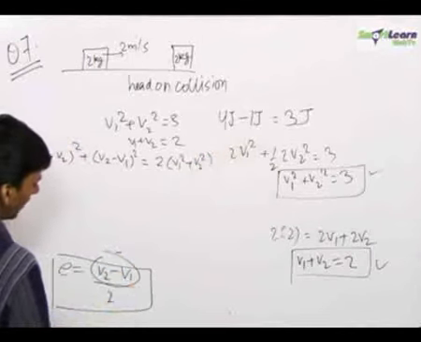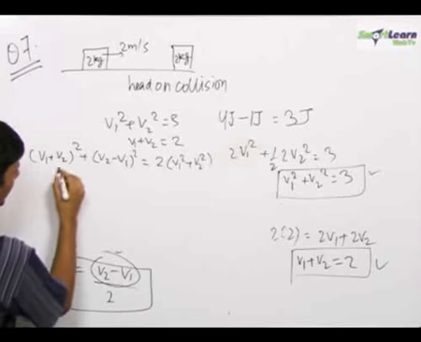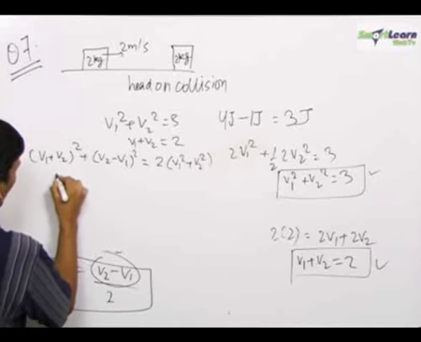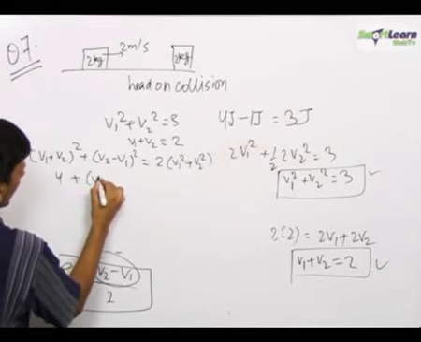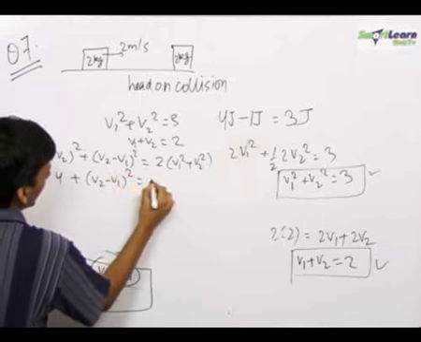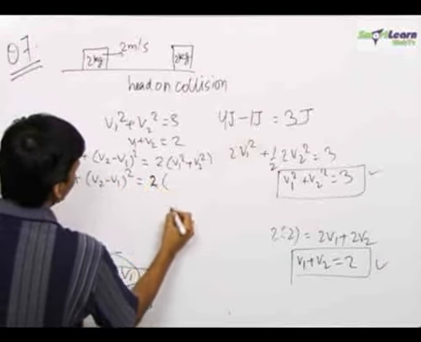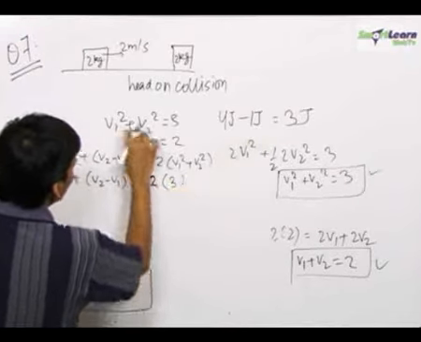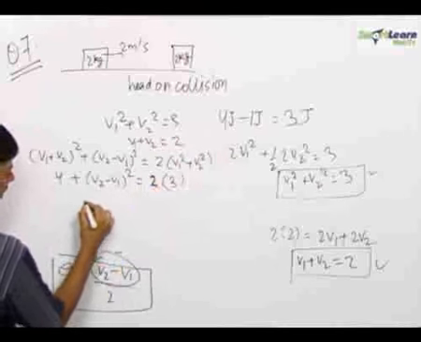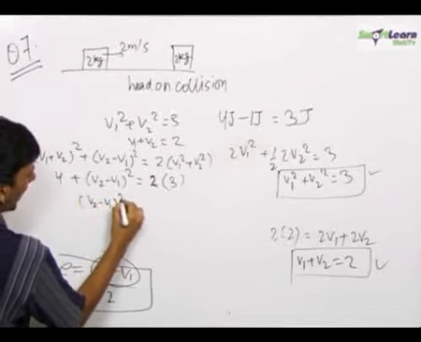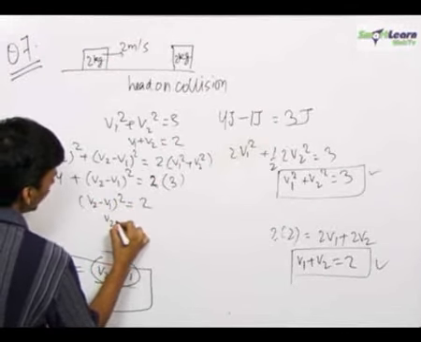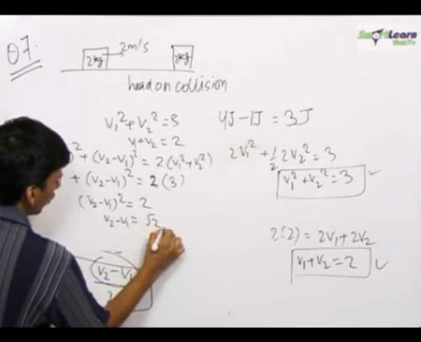Using this, we can directly find V2 minus V1 by filling in the values. 4 plus (V2 minus V1) whole square is equal to 2 times 3. Therefore (V2 minus V1) whole square is 2, so V2 minus V1 is equal to root 2.